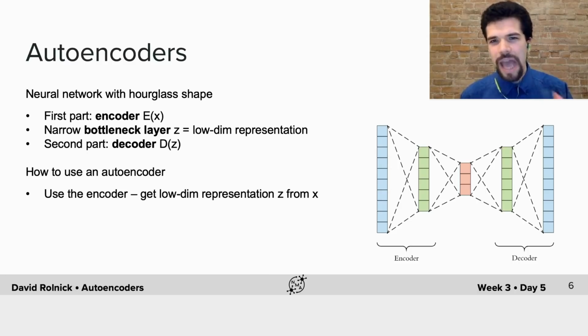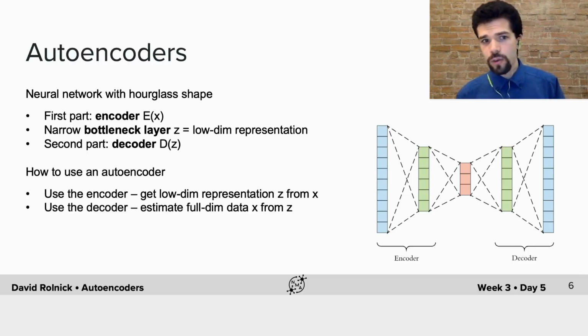If you're using the encoder, what you're doing is getting a low-dimensional representation z from your high-dimensional input x. And the goal here is, if you would like to pick out the salient features, or if you would like to store something more efficiently, etc. You could also use the decoder to get full-dimensional data x from some low-dimensional representation z.